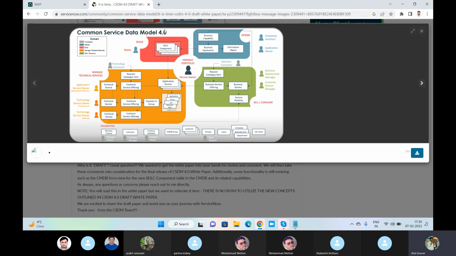Now we are on 4.0. It means 3 versions have been launched by ServiceNow on this concept, and we are on the 4th version now, 4.0.